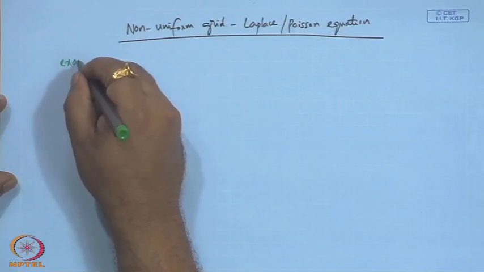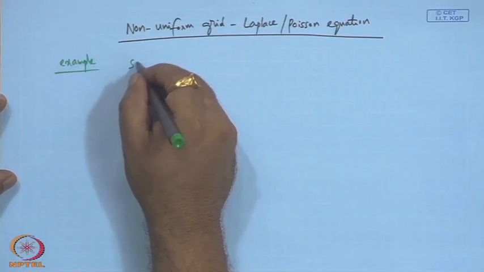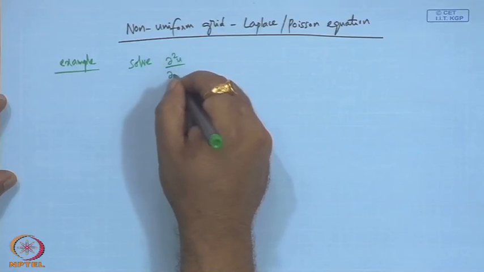So, you would expect non-uniform mesh sizes. Okay. So, let us solve a problem and try to see how we can handle this. So, it is a 2D case.